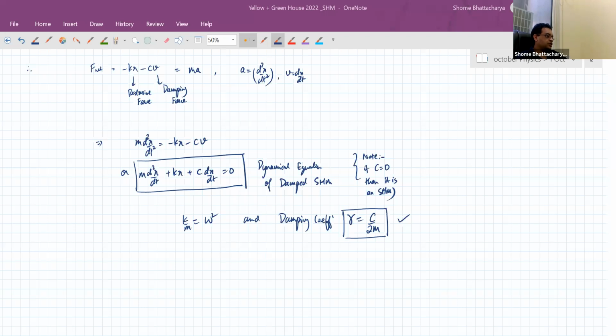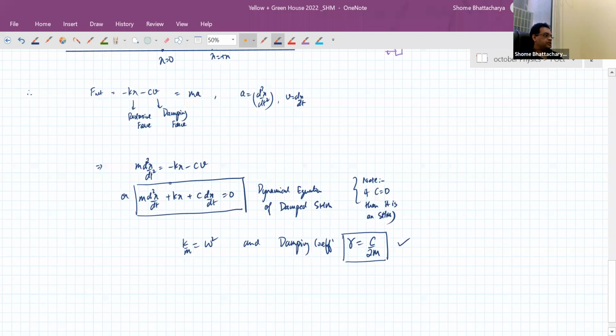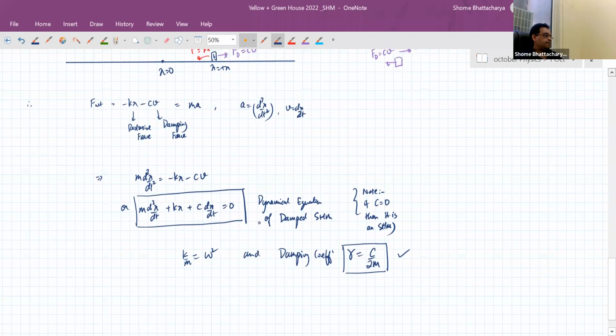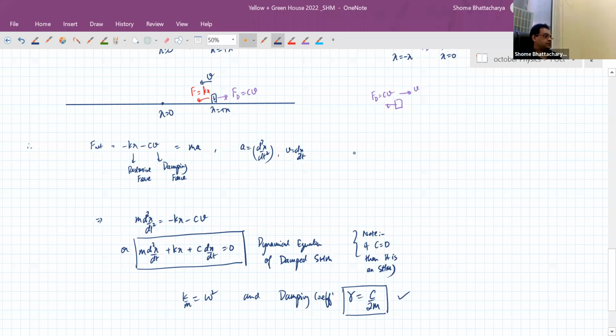So you have to just memorize this term called the damping coefficient. And we will see the significance of the damping coefficient soon. You can see that this above equation corresponds to the free body diagram for either of the cases that we have discussed above.